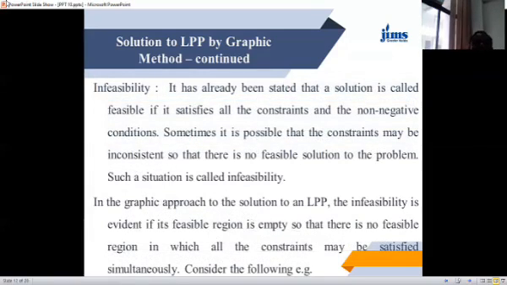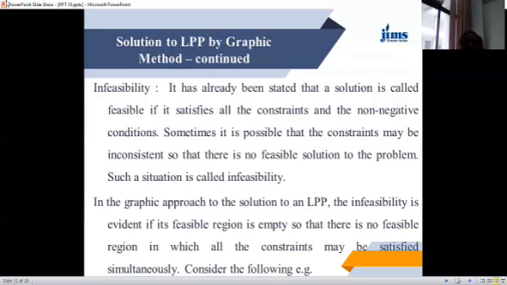Now we are going to extend our discussion to some very special conditions where you will find that the solution to a linear programming problem is not possible at all. You know that the solution of a linear programming problem is feasible only when it satisfies all the constraints and the non-negativity constraints also.